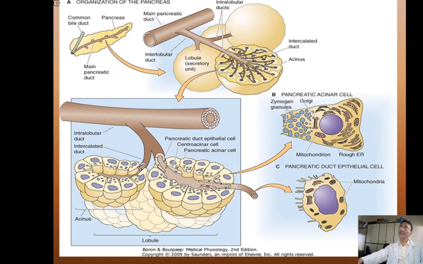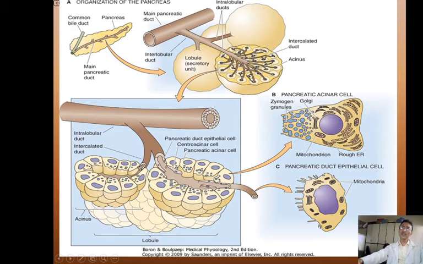enzymes responsible for the digestion of carbohydrates, proteins, and fats. These enzymes, which are synthesized within the acinar cells here, are stored in the zymogen granules.